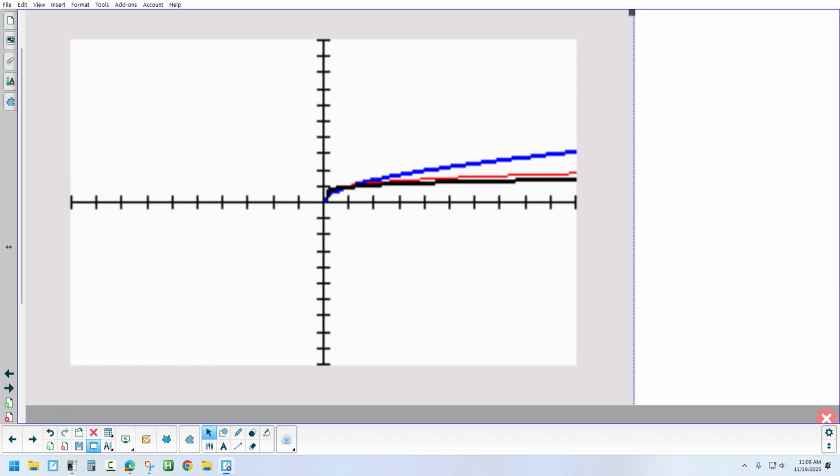It's a little hard to see because the line is kind of thick right there. But now the 6th root is under all of them when you get past 1. And then before 1, they all switch places. The blue one would be on the bottom, the black one would be in the middle, and the red one, just barely can kind of see it, the red one would be on the top.